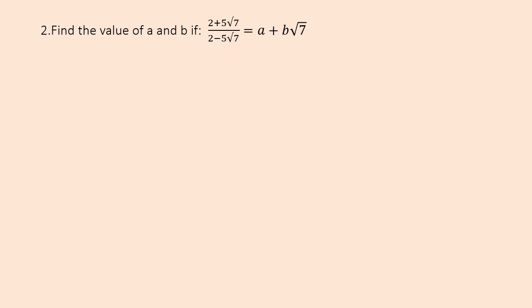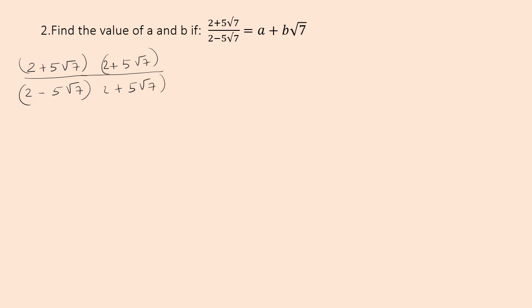For that, 2 plus 5 root 7 upon 2 minus 5 root 7. For rationalizing the denominator, you have to multiply in the numerator and denominator by 2 plus 5 root 7. You have to multiply both numerator and denominator. That is equal to A plus B root 7.